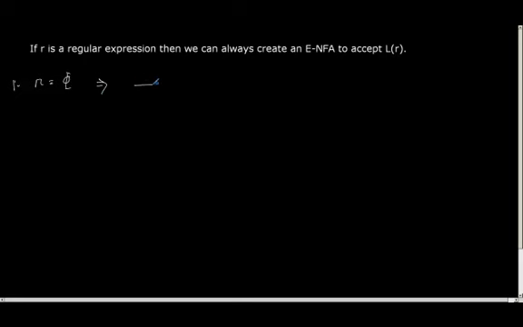My epsilon NFA will be like this. This is my starting state and there is a finishing state but there is no transition between the starting state and the finishing state. This represents an empty language because I am not accepting any string.